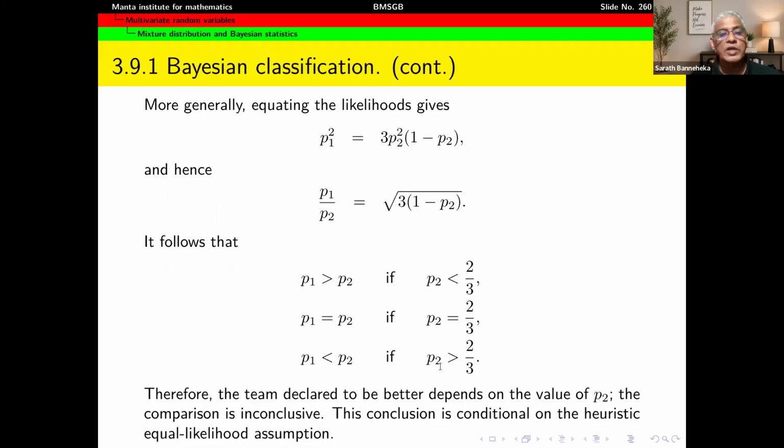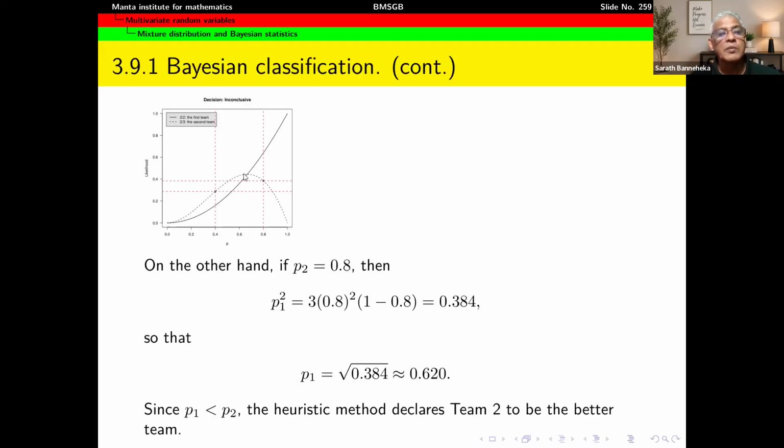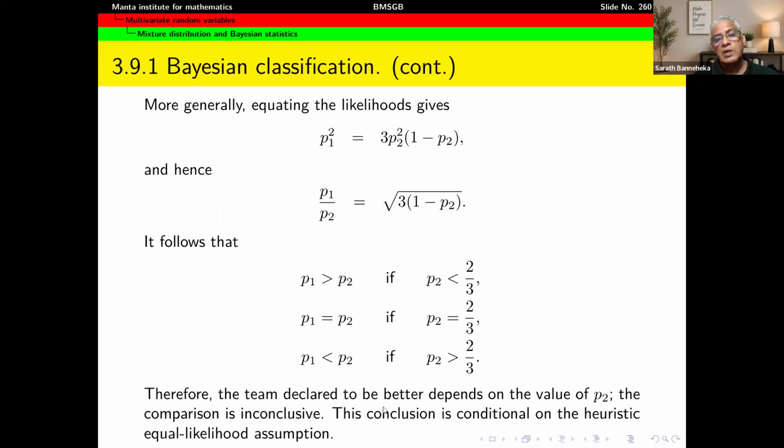On the other hand, the P2 that we are considering is above 2 over 3. Then, like what you look at in the graph, right? So if you consider this value or any other value here, then the P1 value will be smaller than P2. And thereby you will declare that the team 2 is better, right?